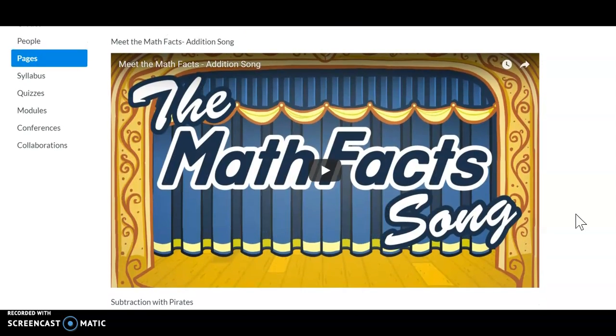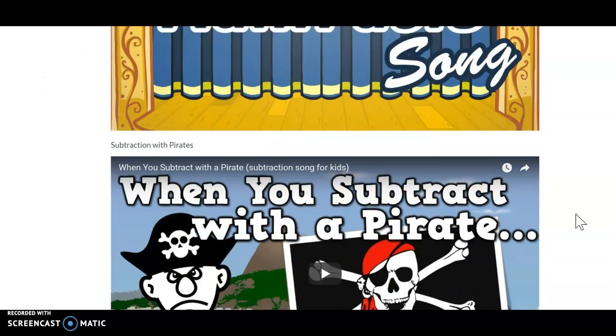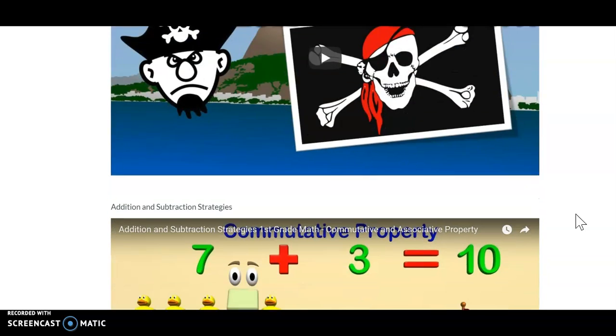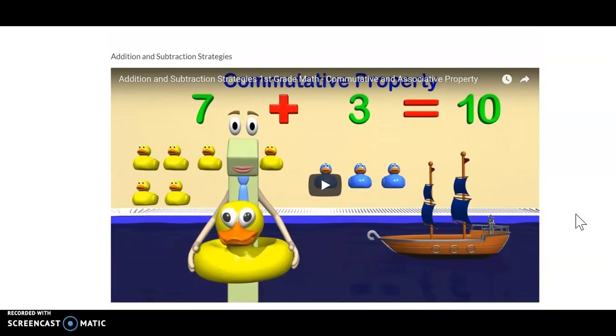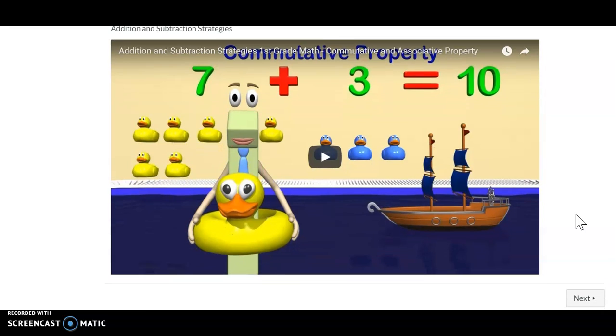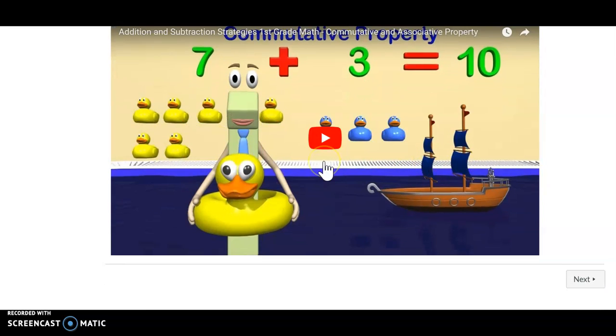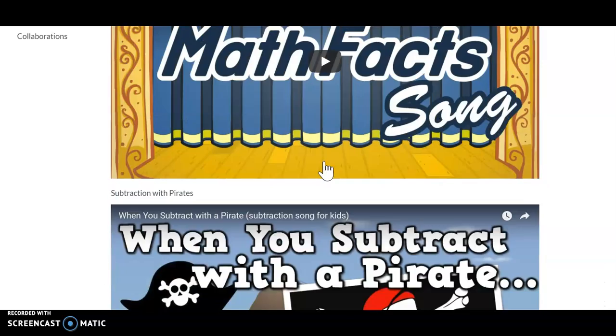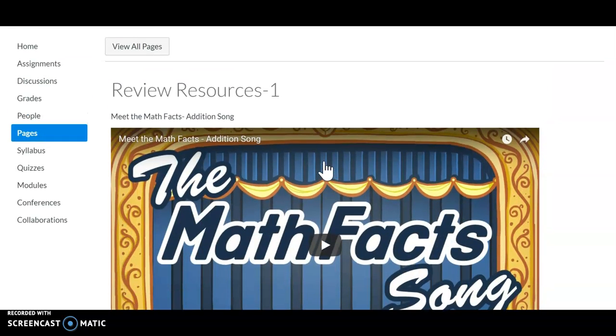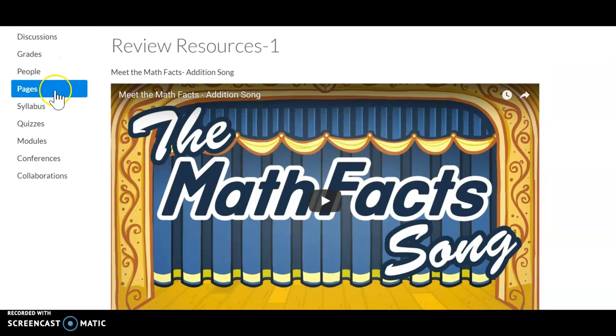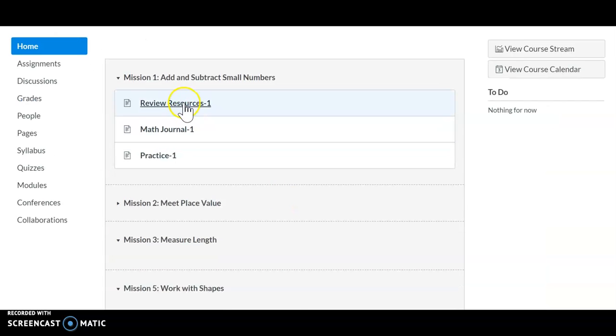We have meeting the math facts, subtraction with the pirates, and addition and subtraction strategies they could watch. So there are some videos here if they simply want to review what concepts we're learning. When they are done reviewing, they would go to the math journal.